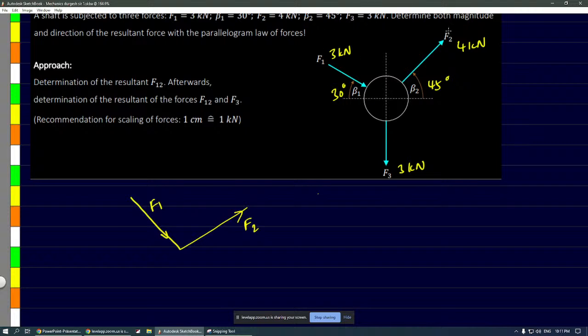So one is going down, the second is going up. But this will give us the resultant, right? The question is asking us to use the parallelogram law.